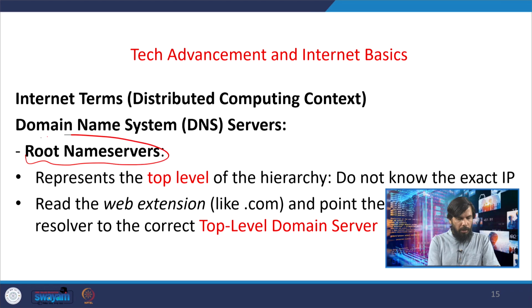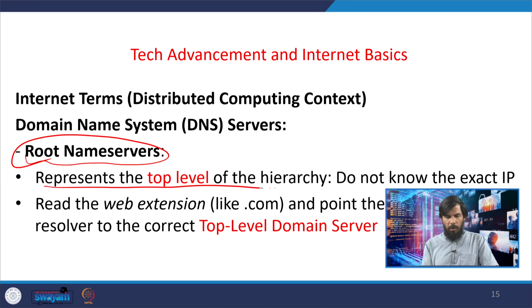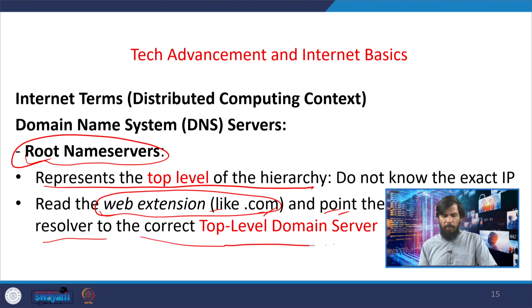Now the second stop is the root name server. Root name servers represent the top level of the hierarchy, and they do not know the exact IP, but they can look at the extension of the domain name, the web extension, for example .com, and point the resolver to the correct top level domain server, the TLD server.